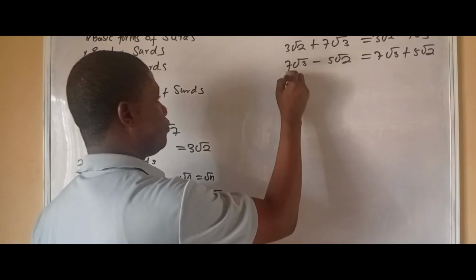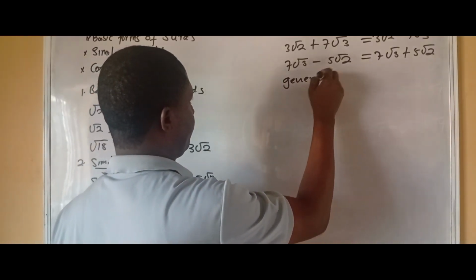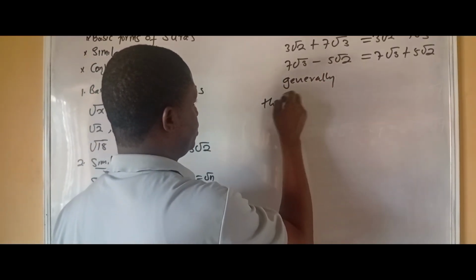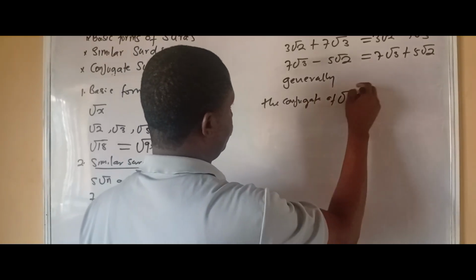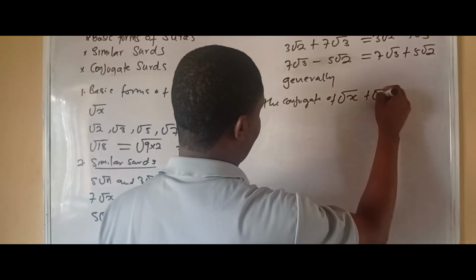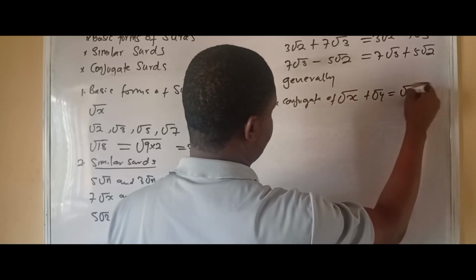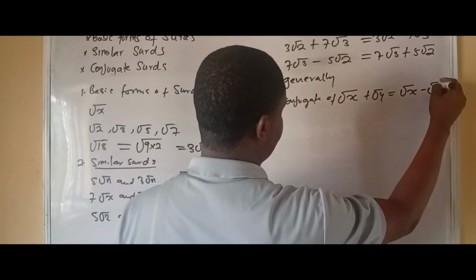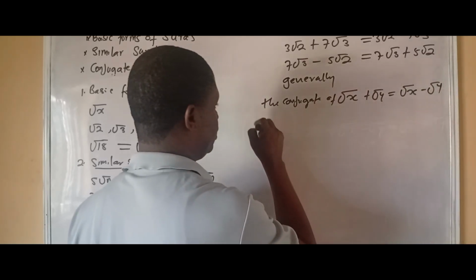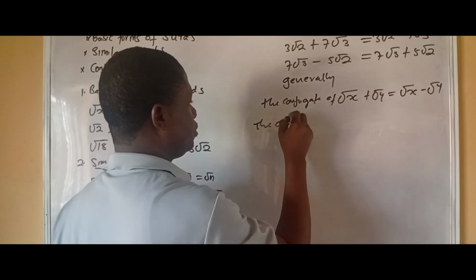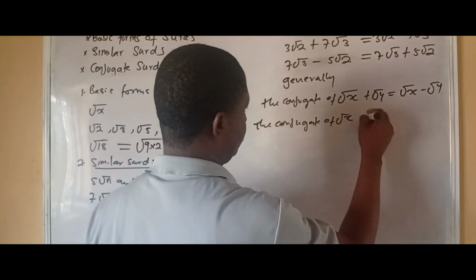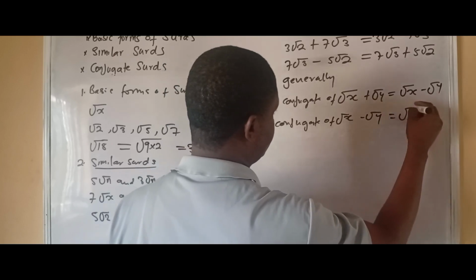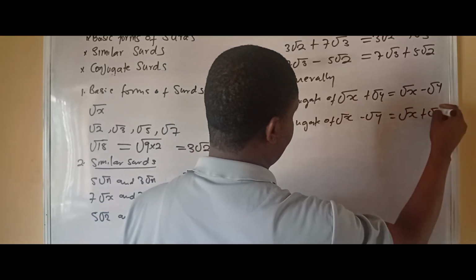So generally, the conjugate of root x plus root y is root x minus root y. And the conjugate of root x minus root y is root x plus root y.